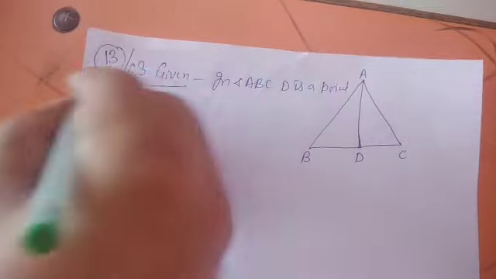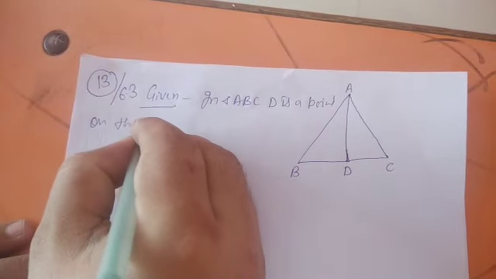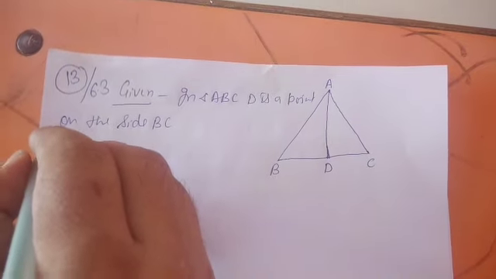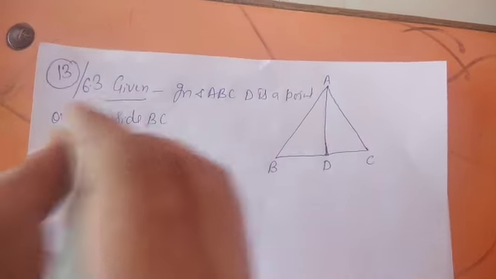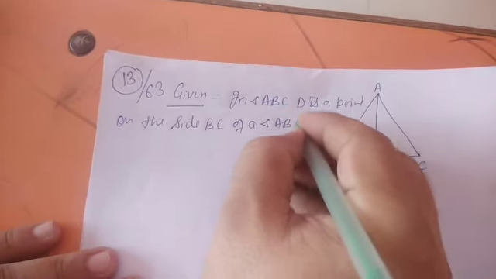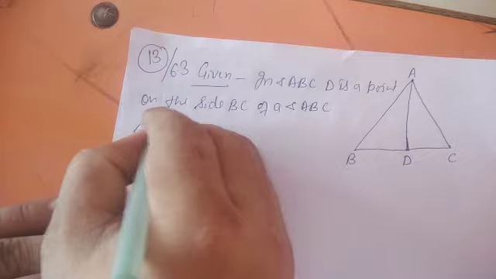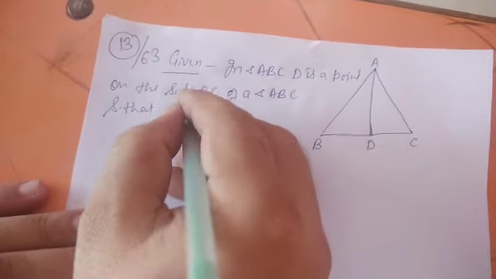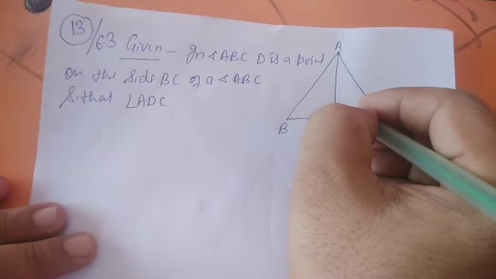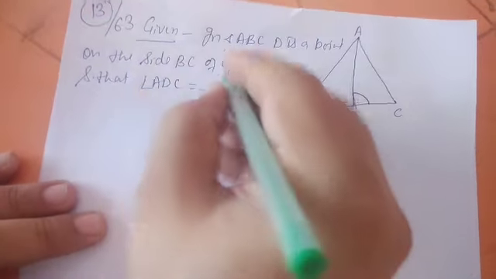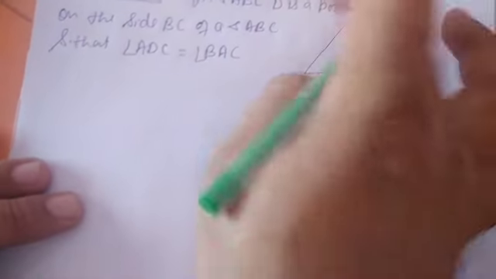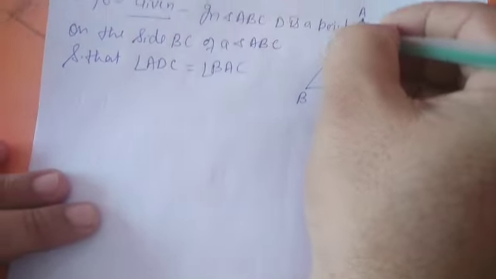Point on the side BC of a triangle ABC such that angle ADC is equal to angle BAC, this complete angle.